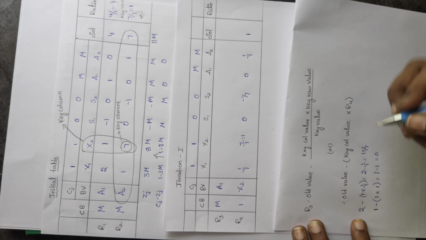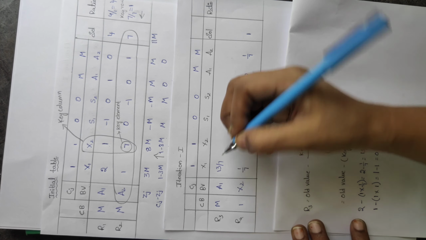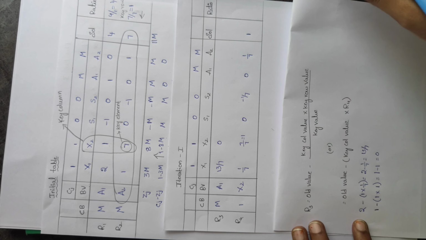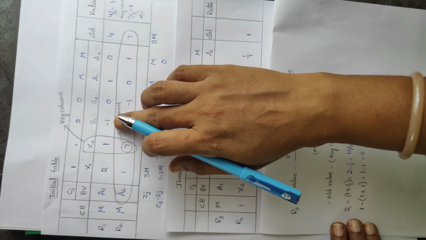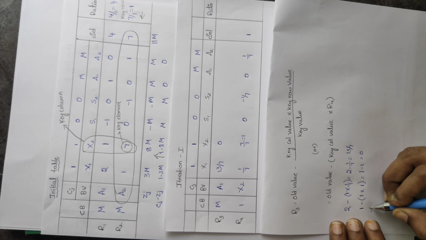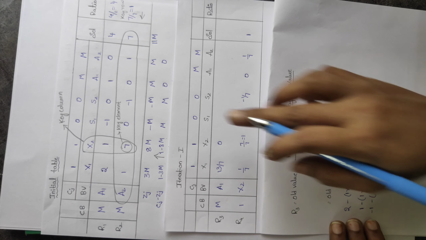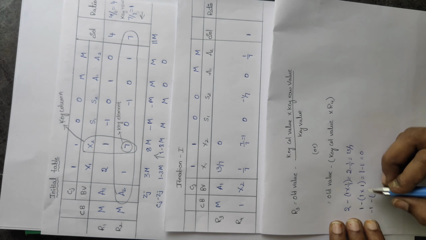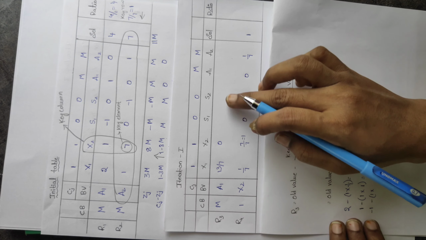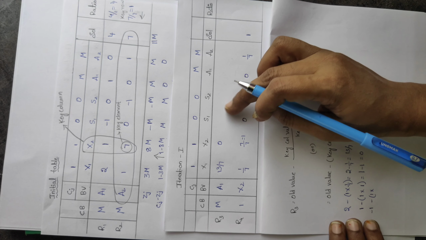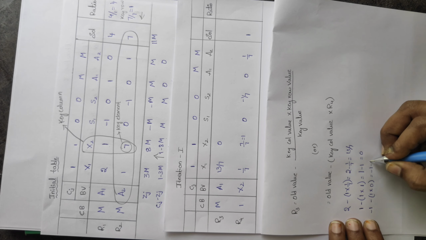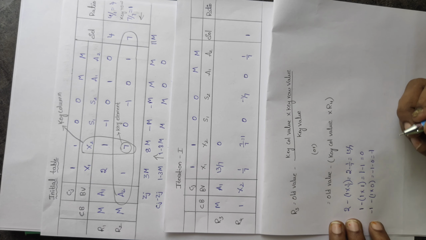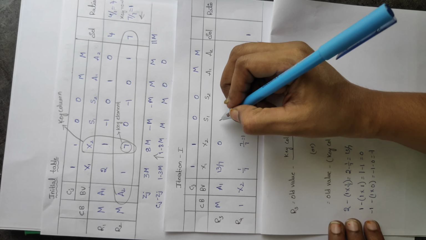The first value is 13 by 7. The second value is 0. For the next value, the old value is minus 1, minus the key column value 1 into the R4 value 0, which equals minus 1 minus 0, which is minus 1.